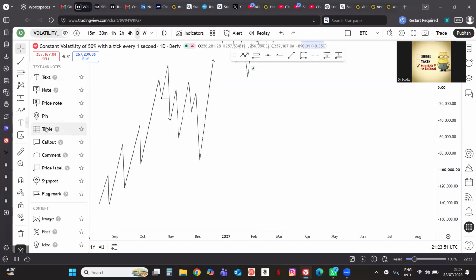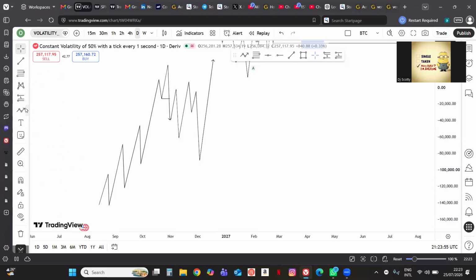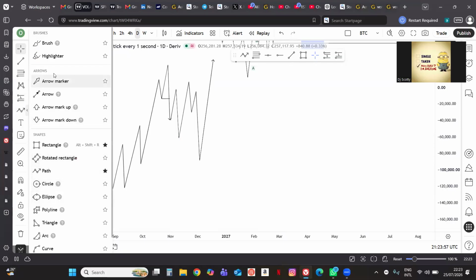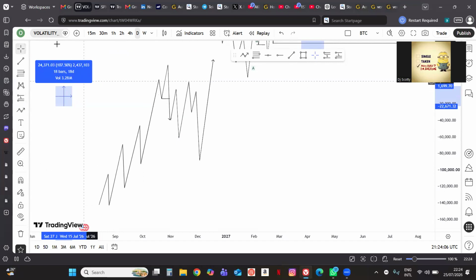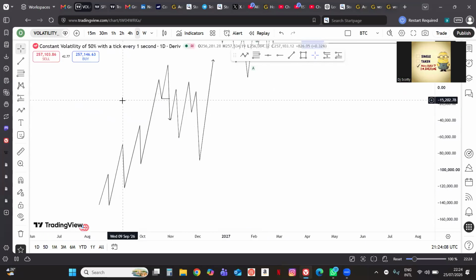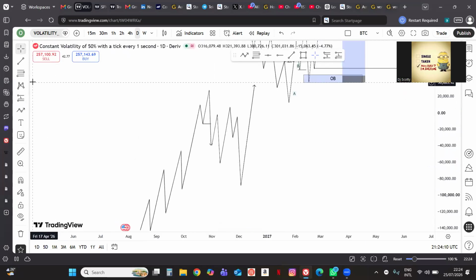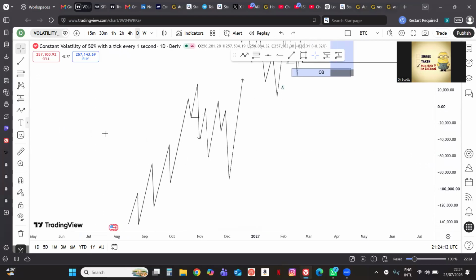Texts, note, pin, command, image, idea. Where is it? I can't find it. I'm trying to see where the letters are.